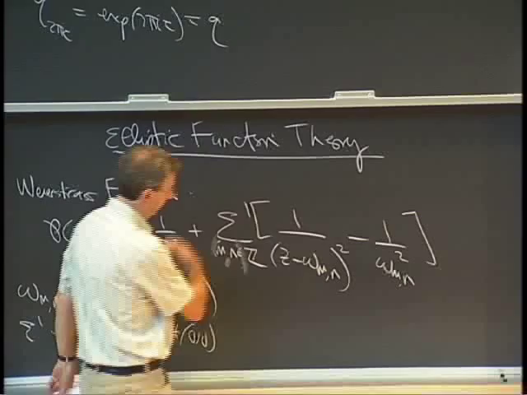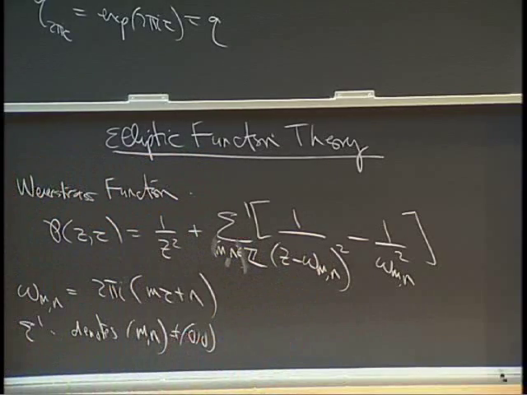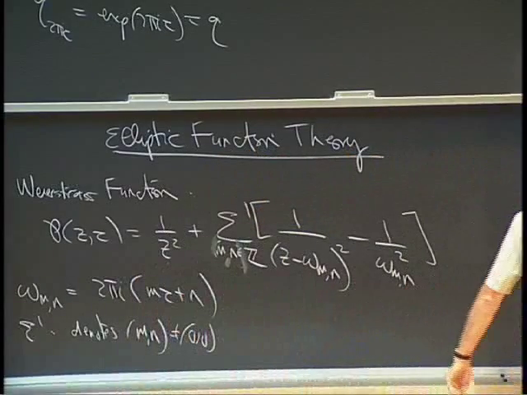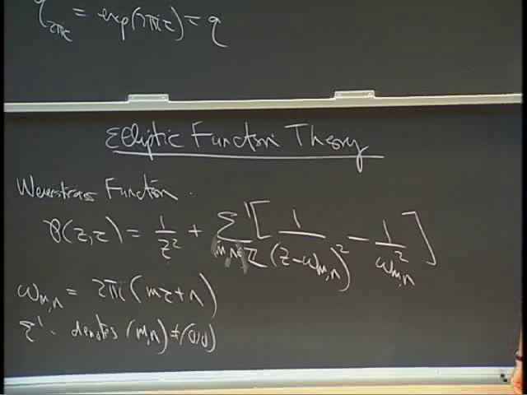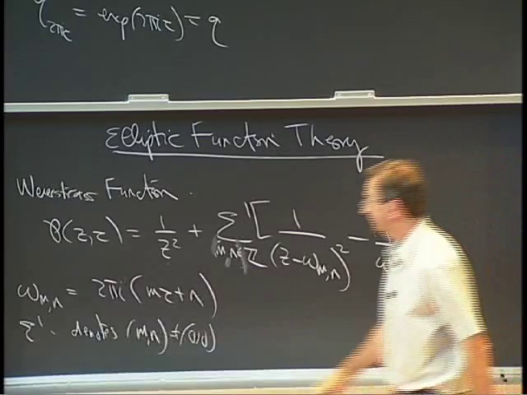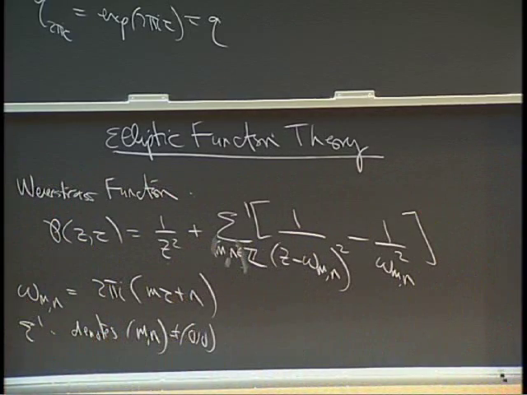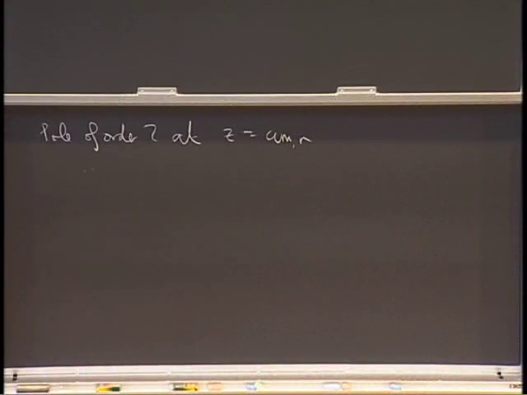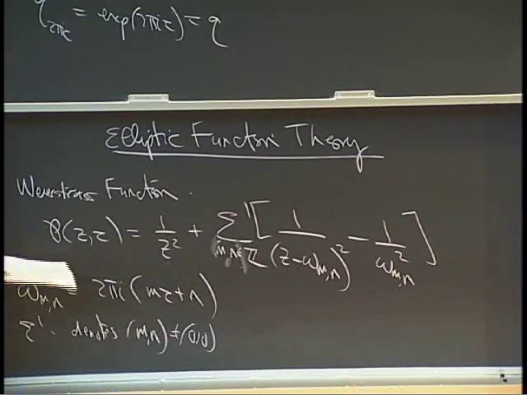So this is a function which is analytic in z on the whole complex plane, except that it has a pole of order 2 at every value of omega_mn, for all m, n. Okay, so it's a classical fact that it's clearly defined and analytic on the whole complex plane, and it's periodic.